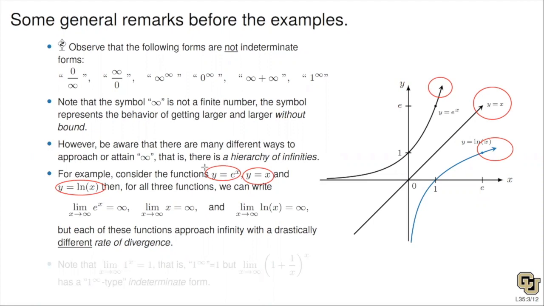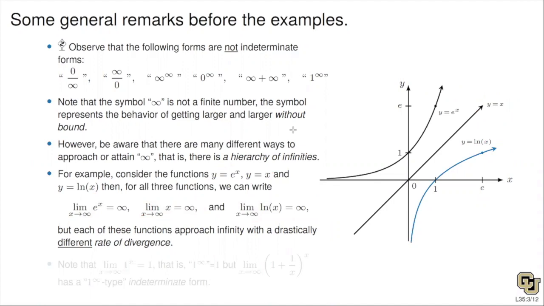Even though I say the limit for all of these 3 functions is equal to infinity, how it goes to infinity in each of these 3 cases is very different. We can think of this as 3 different ways to get to infinity, 3 different examples of infinity behavior.